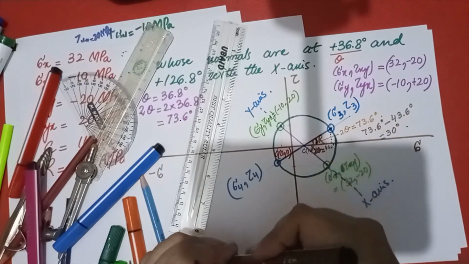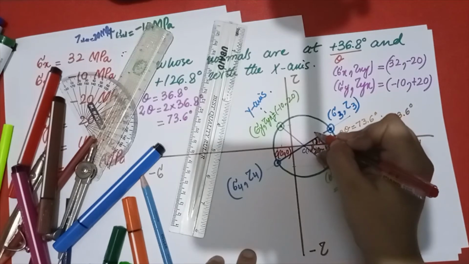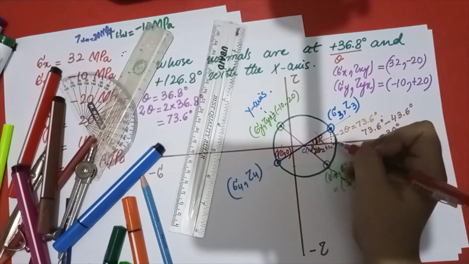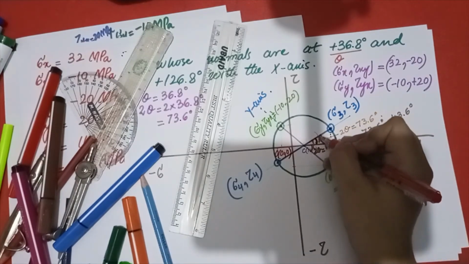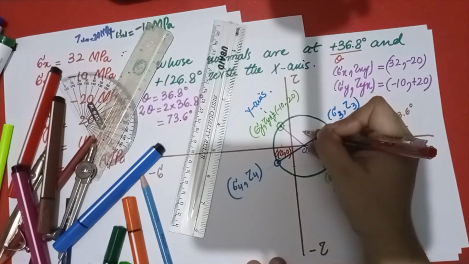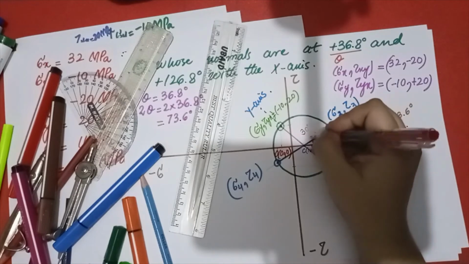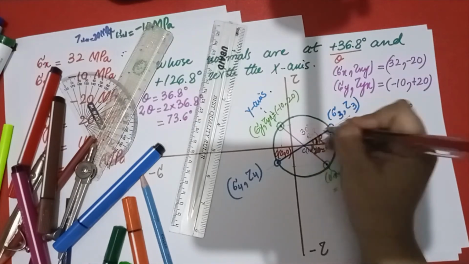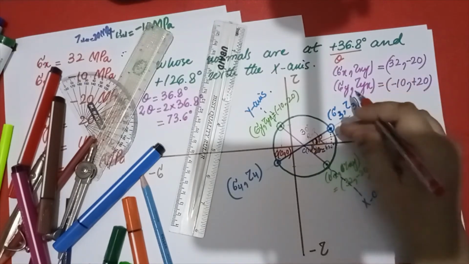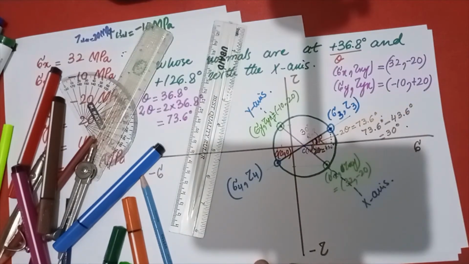So this angle, the angle between the normal stress plane till this radius, this inclined line, is 30 degree. So you know this radius and this angle, so you will get this height and you will get this base as well.